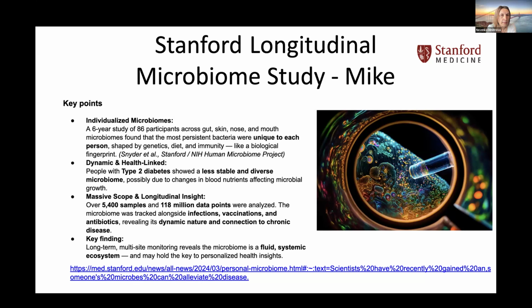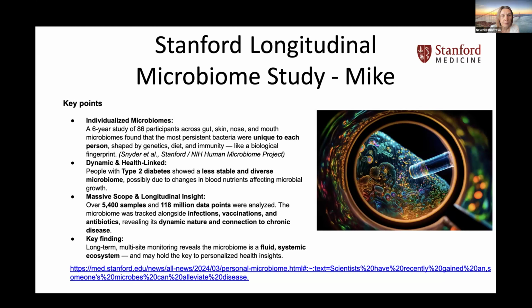While this is over 6 years, many people are sampled once per 3 months, but some people are sampled very often, or there are samples when they go through episodes of antibiotics, different types of infections, and so on. In total, there are over 5,400 samples and, as they summarized, around 118 million data points.